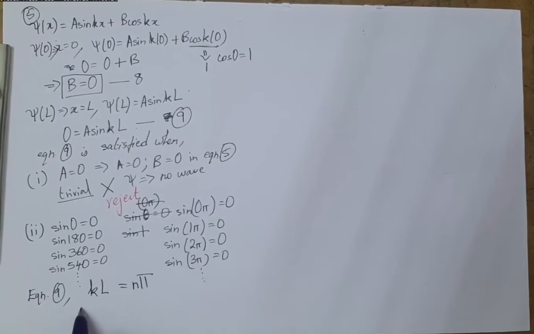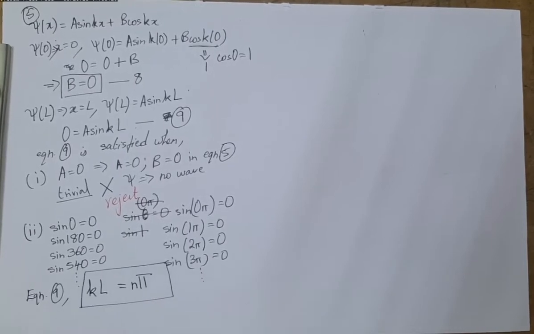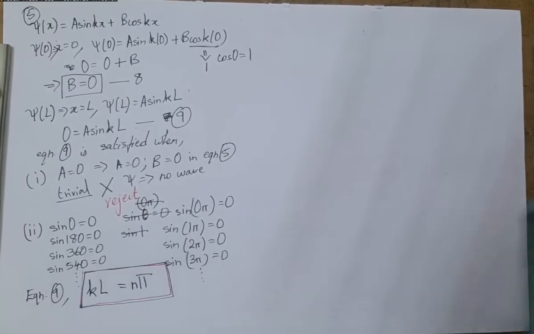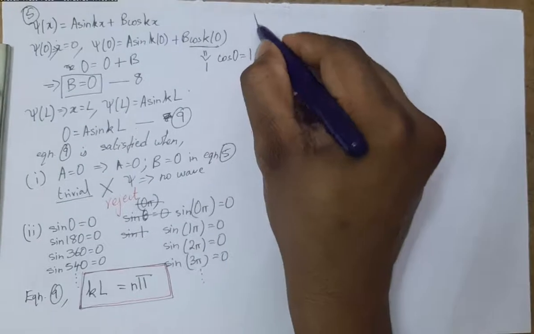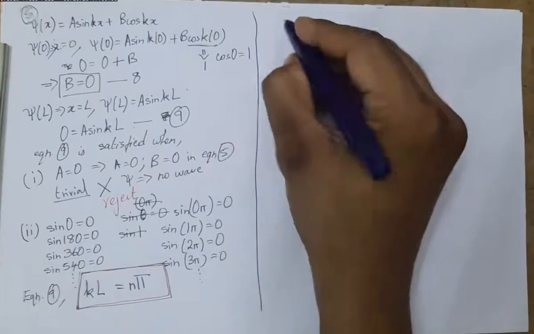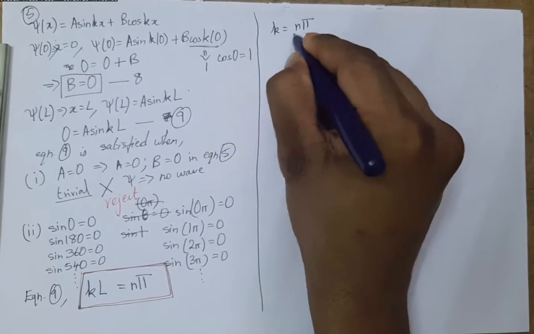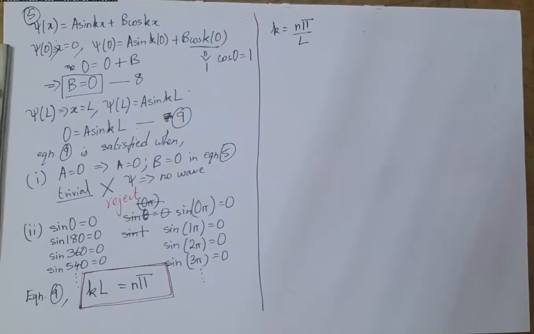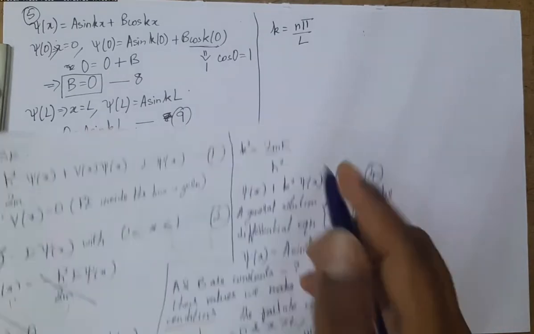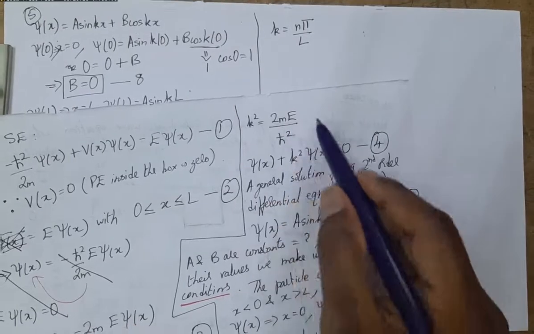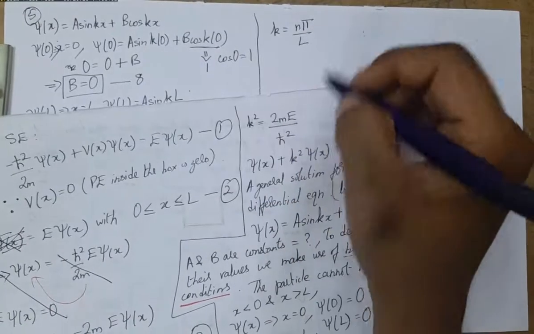So KL equals n pi, which implies that K equals n pi by L. Now if we remember, we made a substitution here, K square equal to 2mE by h cross square. So we'll substitute K in this equation.